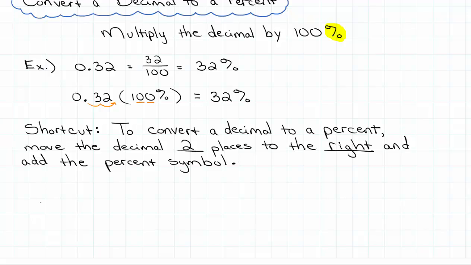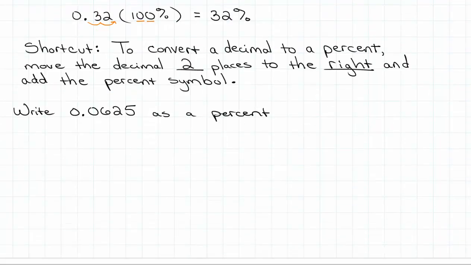Okay. So let's try writing 0.0625 as a percent. We could use our shortcut, but I like to show the operation. So I'm going to show the operation first.